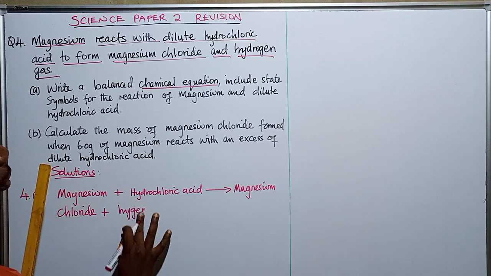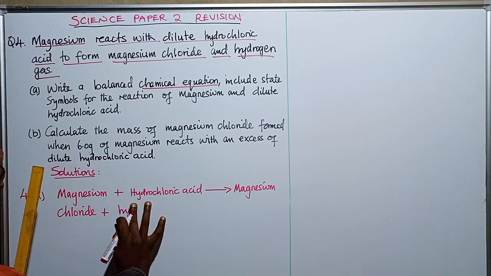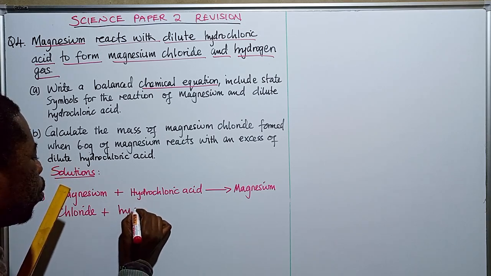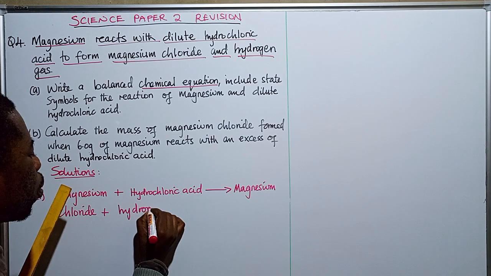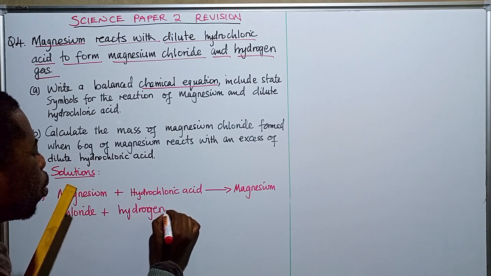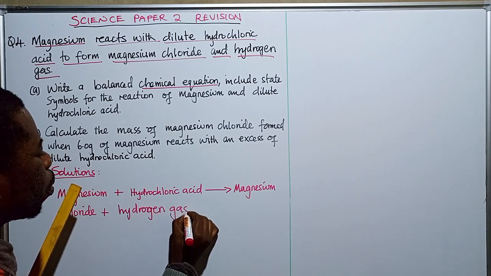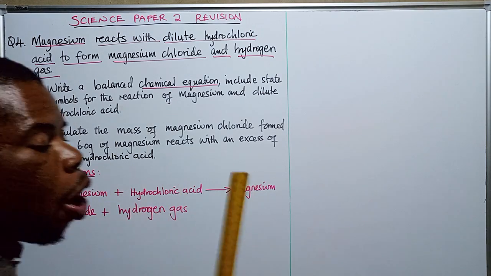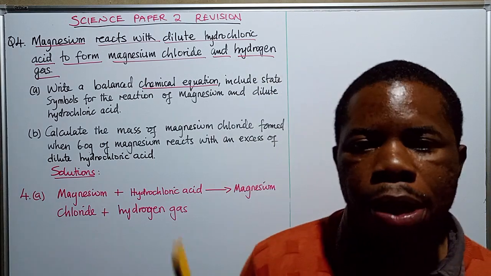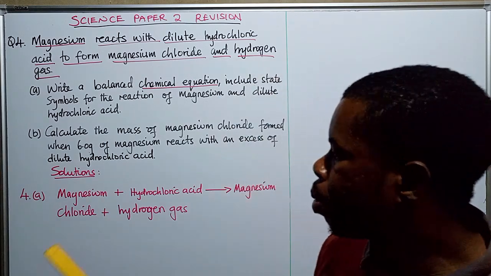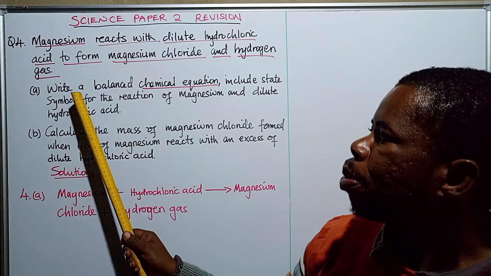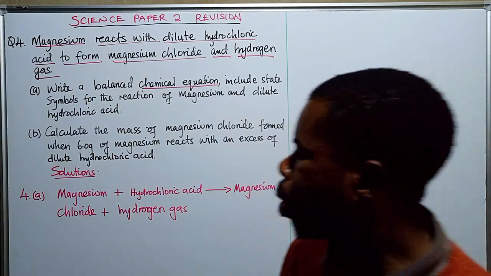Oh, look, this is not hydrogen, sorry, guys. Hydrogen gas. So you see, once you write this word equation like that, then you're good to go. From this word equation, you will be able to write a balanced chemical equation.